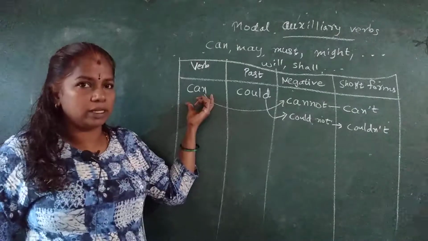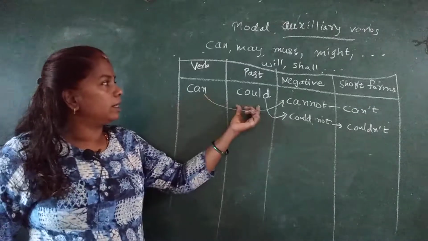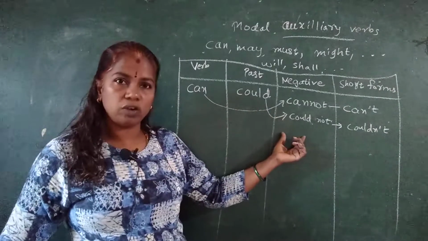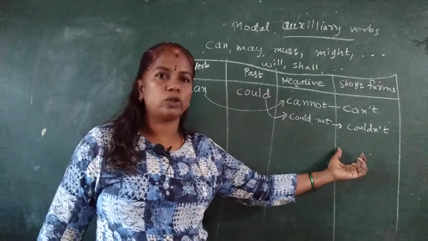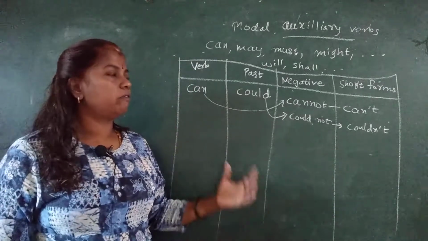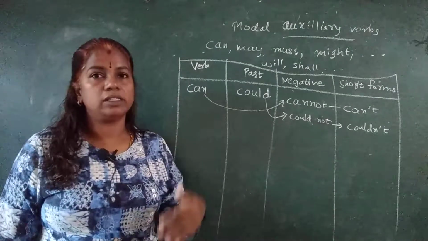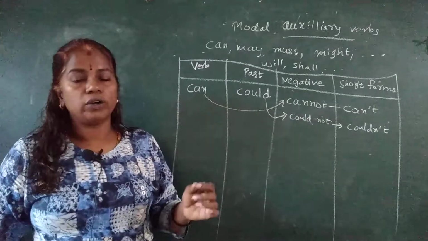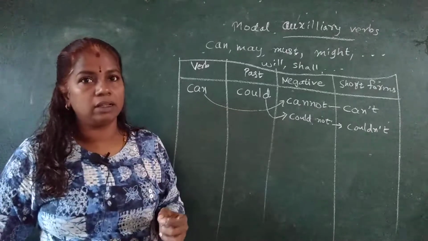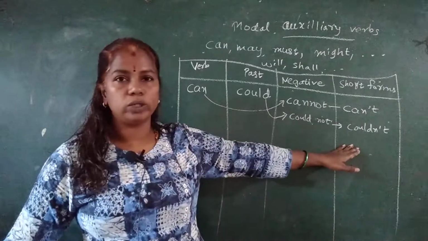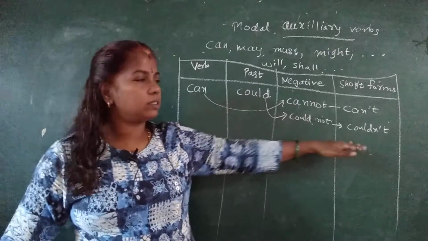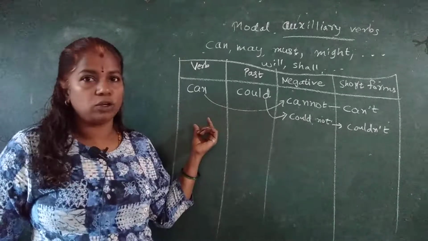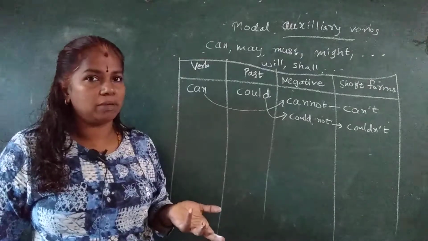One is the modal auxiliary verb, another is the past tense of that verb, then the negative form, and the short forms. When you are changing a positive sentence into a negative sentence, you need this. When you are shortening it or doing add question tags, in that exercise you need to know the short forms. So you have to learn this. And this is a verb form to frame sentences. Without framing sentences, how will you be able to speak, isn't it?